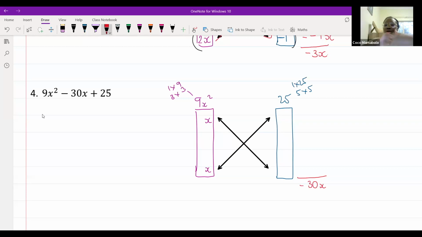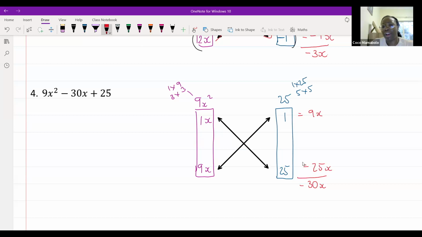Okay, let's put all of these together. I'm going to start by maybe looking at 1 and 9, and on the other side, 1 and 25. I don't want to put 9 and 25 together because that's going to give me a huge number. Okay, let's try this way. 9x times 1 will give us 9x. 1 times 25 is 25. We've missed the mark by about 4.